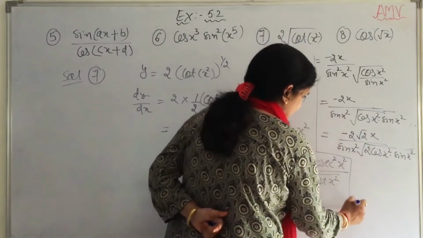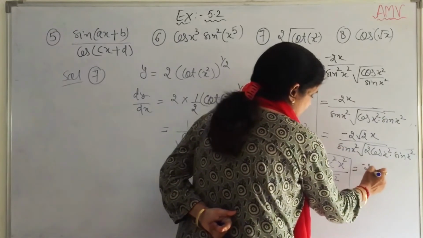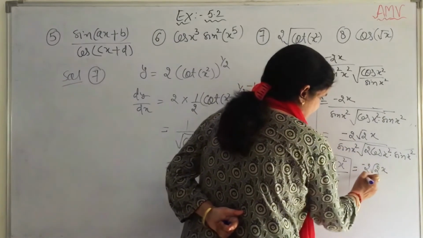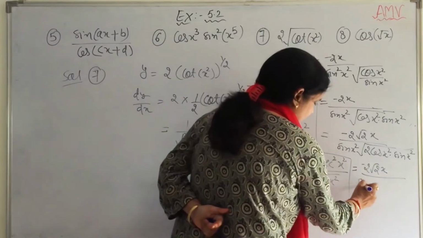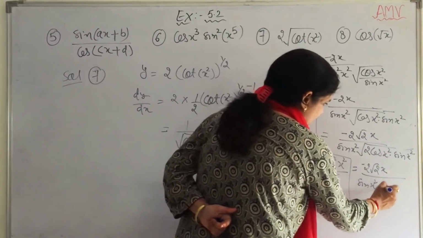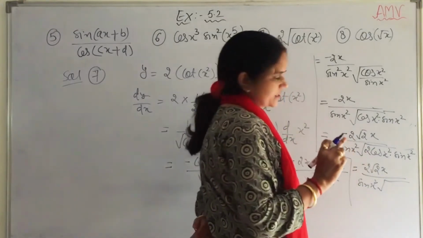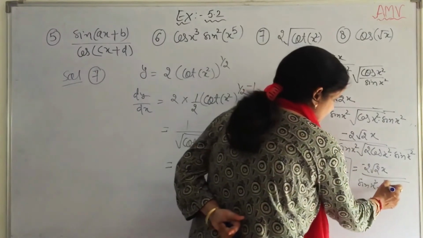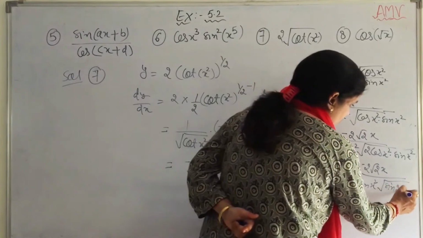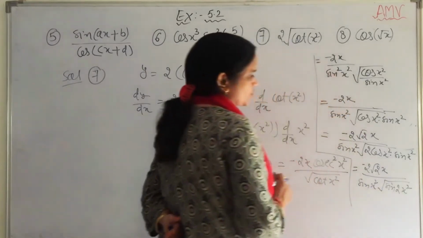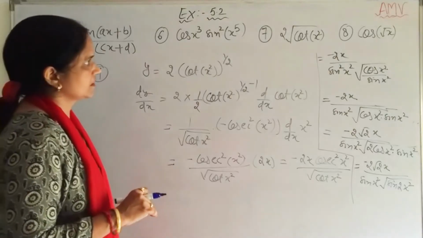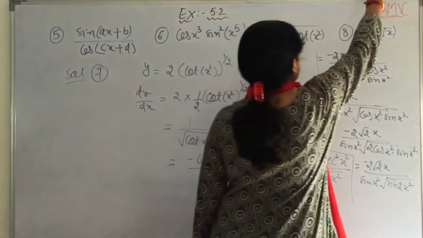So it is minus 2 root 2x, and it's a sine x square, and it is the formula of sine 2x. So it's a sine 2x square. Okay, now move to the next question.